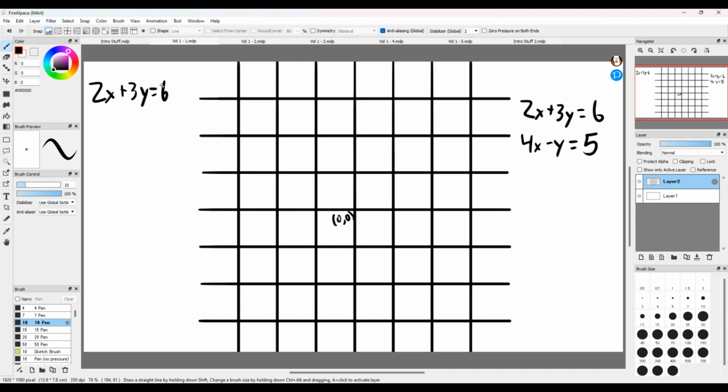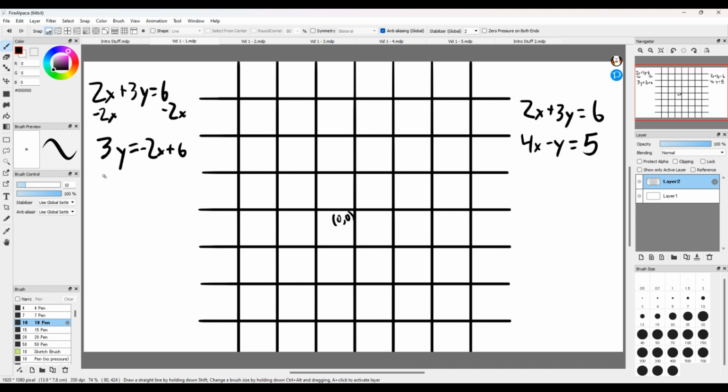So first, we want to make sure the y is on its own, so we subtract 2x on both sides. Remember, subtraction property of equality. So you have 3y equals negative 2x plus 6. You can rearrange this. It could be 6 minus 2x, but it's your choice on how you want to set up the equation.